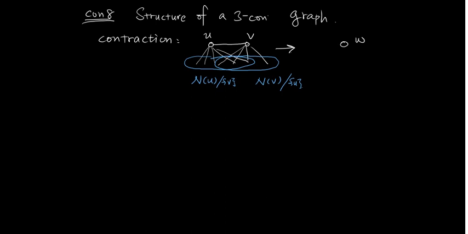So if you look at U and V, all the vertices that W goes to are all the vertices in the neighbor of U or neighbor of V, and that are not U or V. And you draw an edge from W to all the previous neighbors.